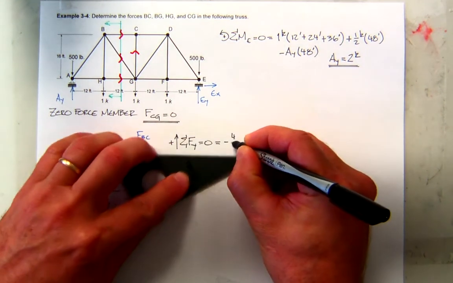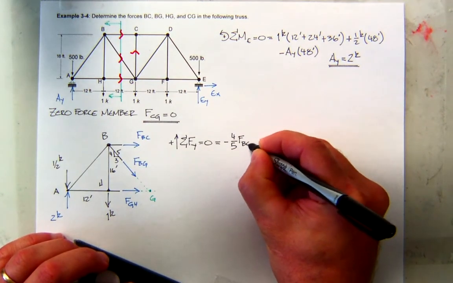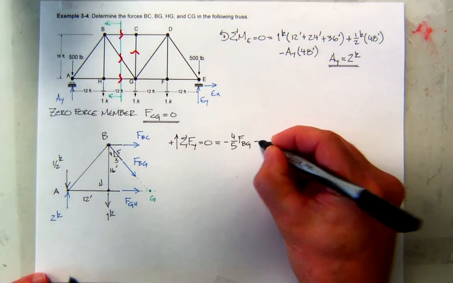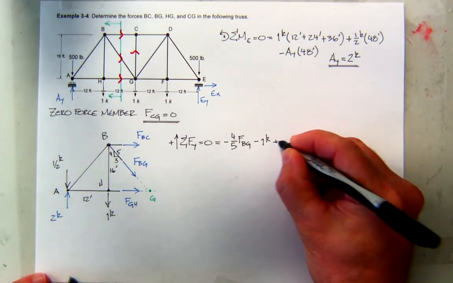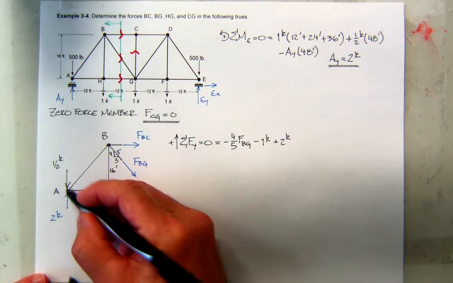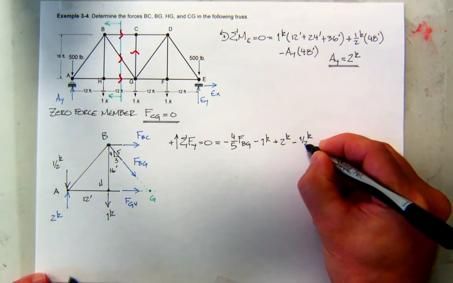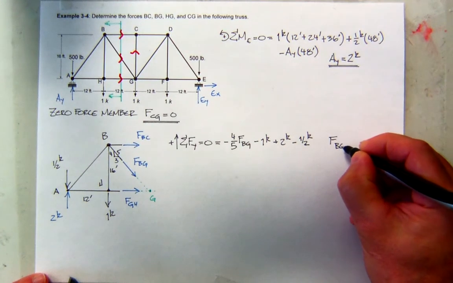So that would be minus 4/5 the force in BG. I've got this 1 kip acting down, this 2 kip acting up, and this half acting down. So I should be able to solve for the force in BG.